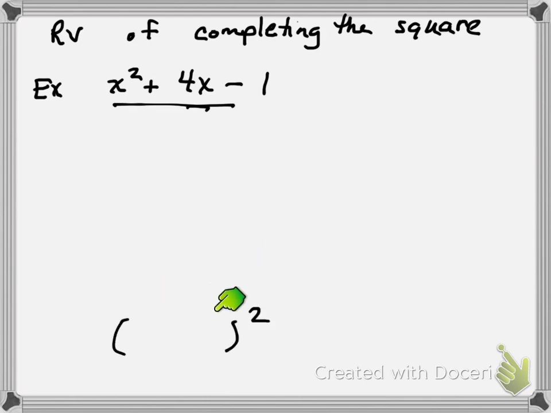We want to get something that looks like this. We use it a lot when we're trying to write equations of circles, or when we're trying to transform parabolas into vertex form. So imagine you had this parabola and you wanted to change it to vertex form.